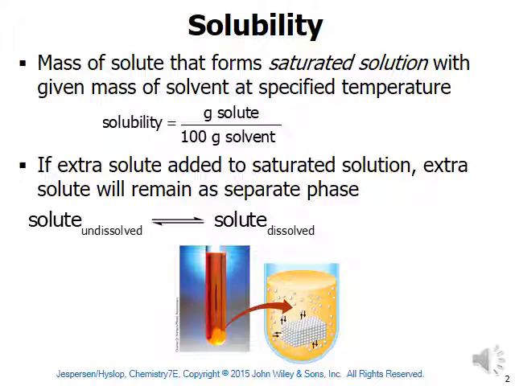For instance, if you take salt and dissolve it in water and keep adding salt, there'll become a point where you add so much salt that it just won't dissolve anymore. We would call that the saturation point. We're not going to worry about that, but there is an upper limit to the solubility of substances.